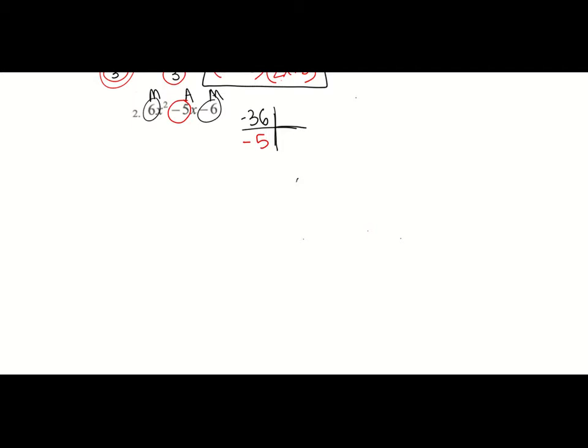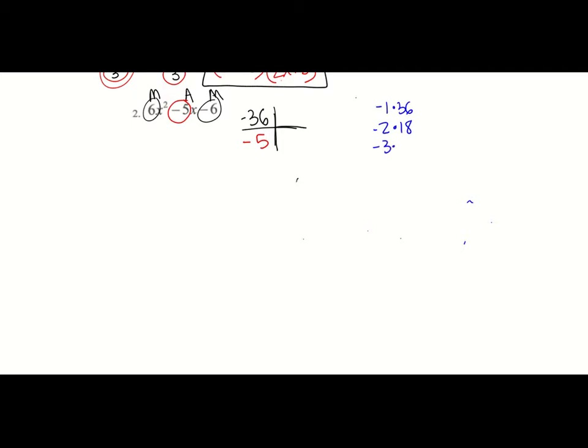So now I need to find two numbers that multiply to negative 36 and add to negative 5. So let's start making a list. We have negative 1 times 36. That doesn't work. Negative 2 times 18. That gives me 16. That doesn't work.